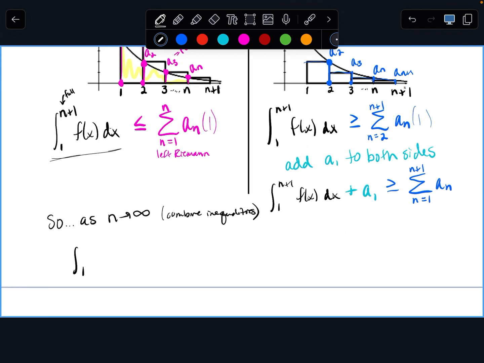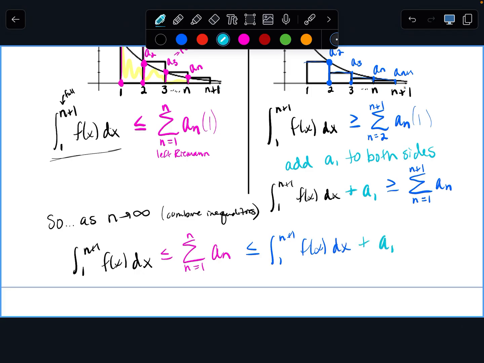So that would be the integral from 1 to n plus 1 of f of x dx is less than or equal to this guy, my left Riemann sum, which is less than or equal to the integral from 1 to n plus 1 of f of x dx plus a sub 1.